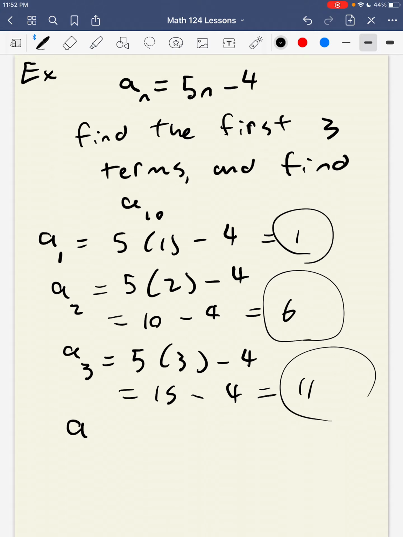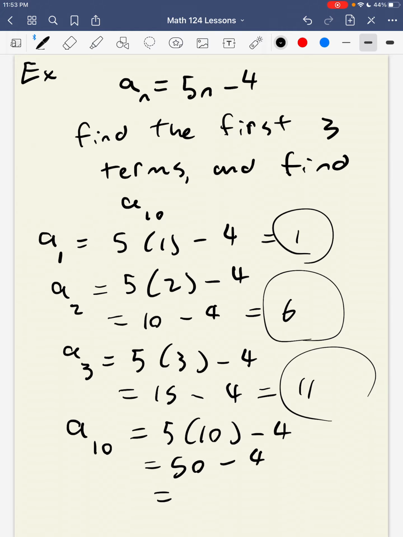Now to find the 10th term, as you may have guessed, just plug in a 10. 50 minus 4. Okay, so hopefully it's making sense here.